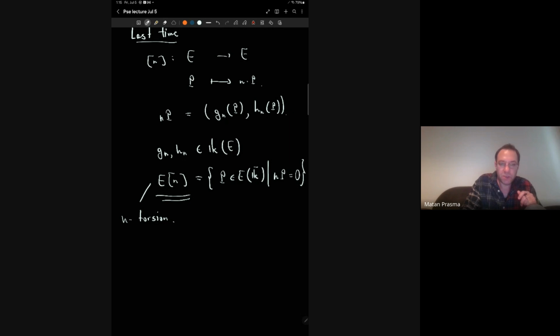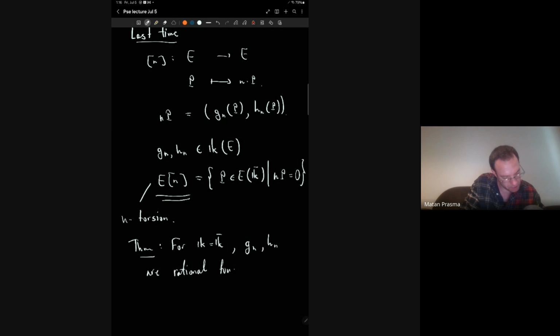And what we showed, we had a theorem for an algebraically closed field: G_n and H_n are rational functions, and their poles are precisely at E_n.